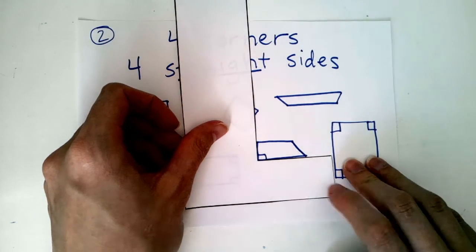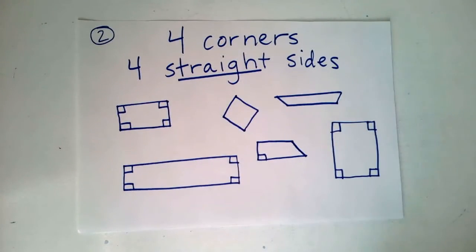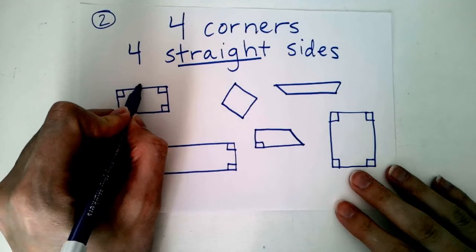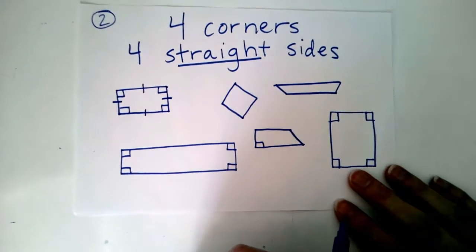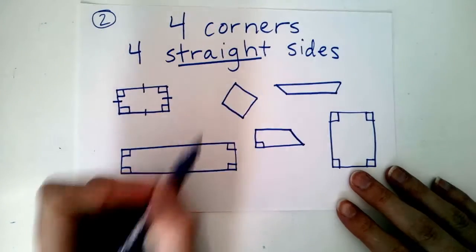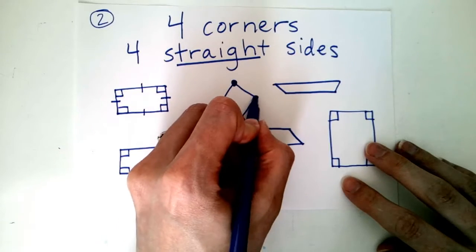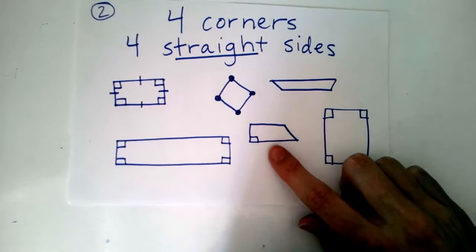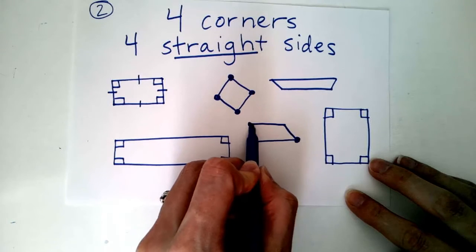So all my shapes have 4 straight sides, but not all of them have 4 square corners, but they still have 4 corners. So let's take a peek. This one I'm going to practice dashing. 1, 2, 3, 4 sides. Let's practice the corners here where the 2 sides meet. 1, 2, 3, 4 corners. Let's make sure this one has 4 corners too. 1, 2, 3.